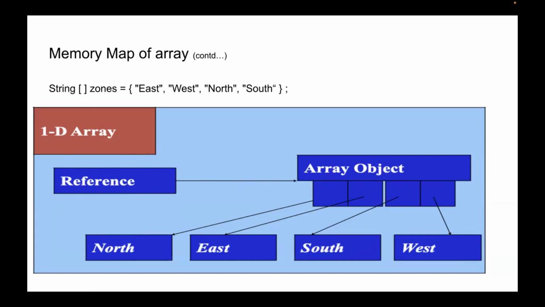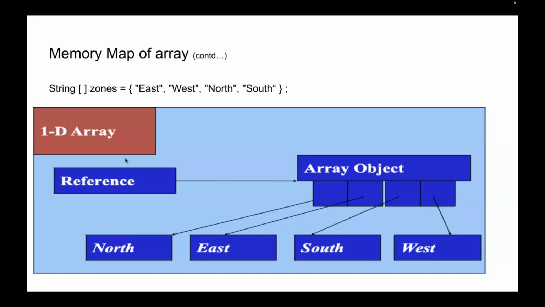Your string can also contain some numeric values along with this, meaning it can be alphanumeric, something like that. So east, west, north, south, these are separate words, and we are creating a string array of 4. So if you print the length of this, zones dot length, it will print a value of 4.